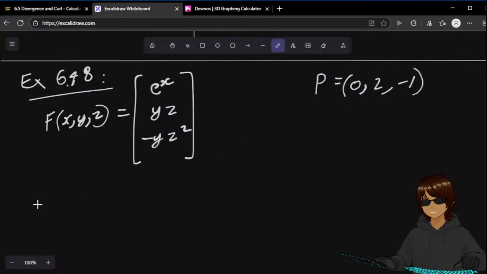So the divergence of F, or I think this is a better notation, it's a sum, right?